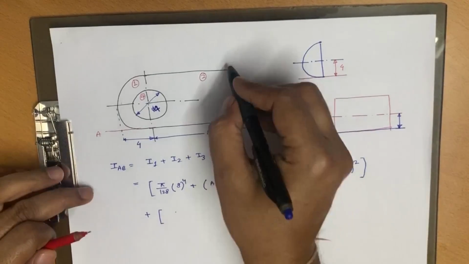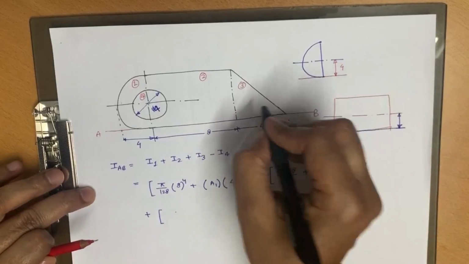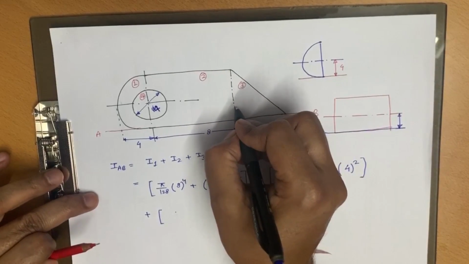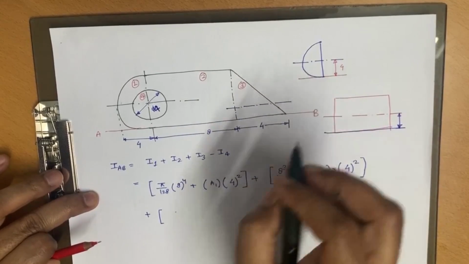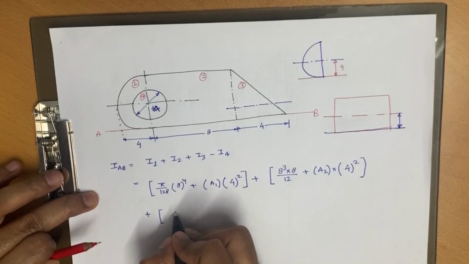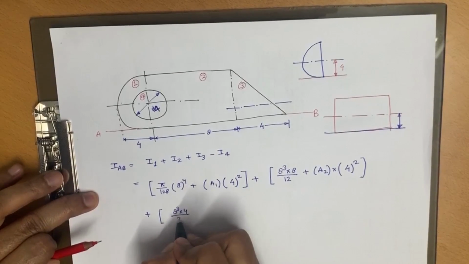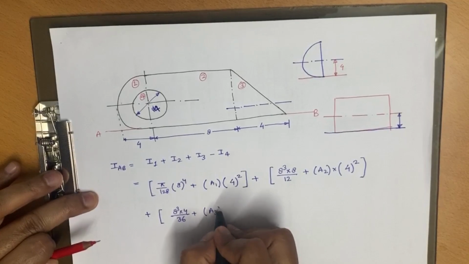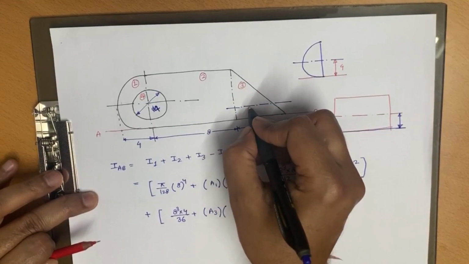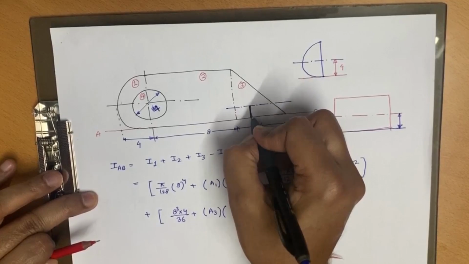Plus third. This one is this shape. For this shape, you know the moment of inertia about its centroidal line. What is it? 8 whole cube into 4 upon 36 plus area of the shape multiplied by the distance.